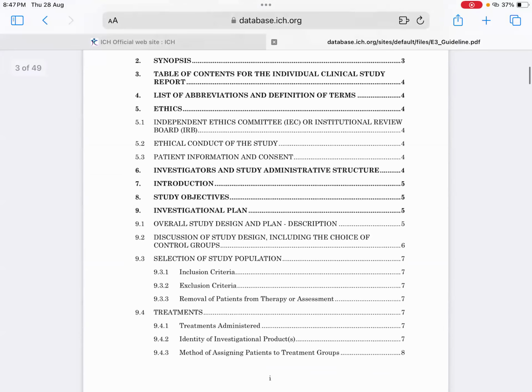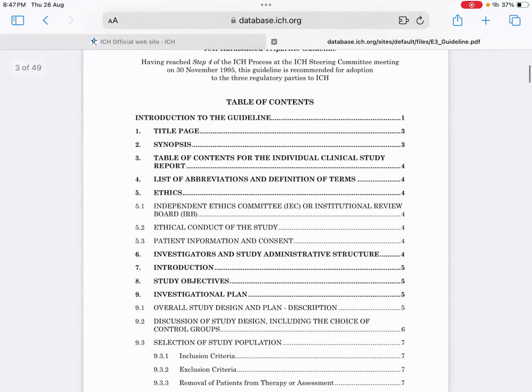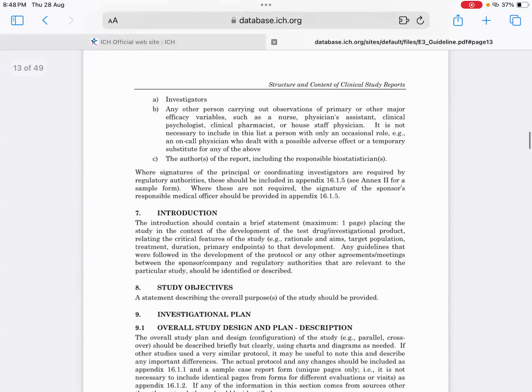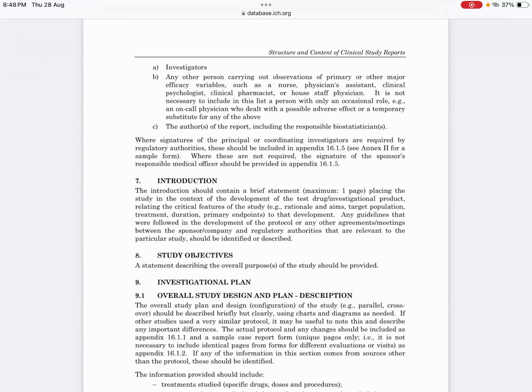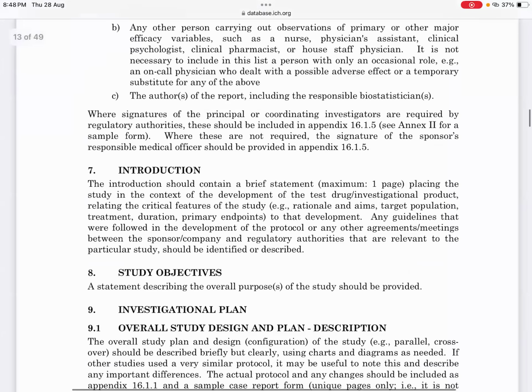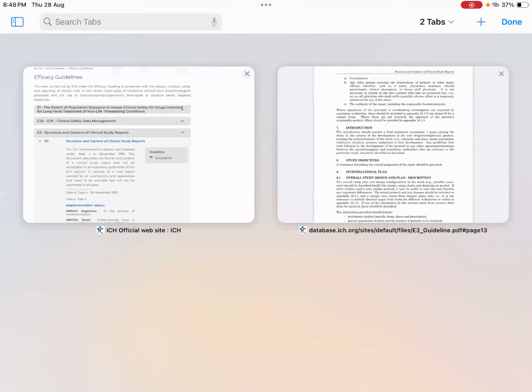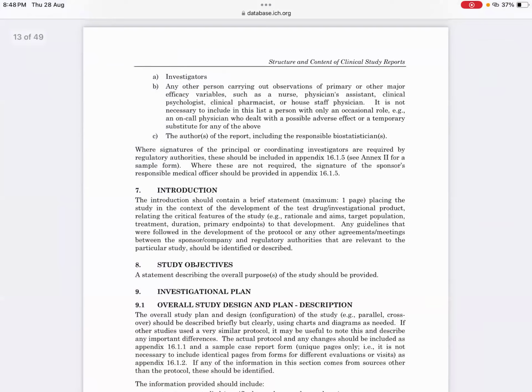I was telling you the crux, like study design. Just see the introduction. They are already telling you what you have to write. See, the introduction should contain a brief statement, maximum 1 page. They are telling everything. We are not going page by page. This is one kind of assignment I'm giving to you, that you look into this.